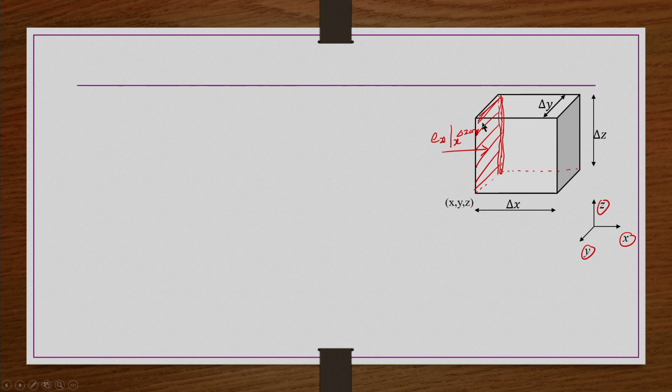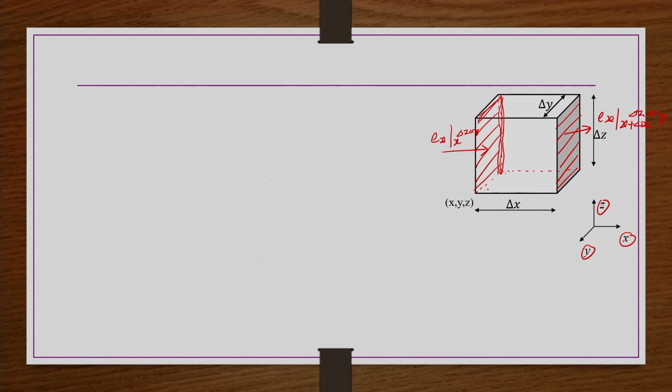In the x direction, at location x plus delta x, the rate of energy leaving is E x at x plus delta x multiplied by the area of the face through which it is leaving, that is delta z, delta y.